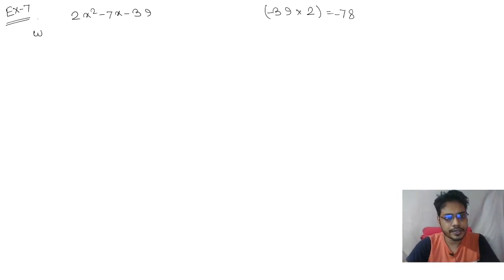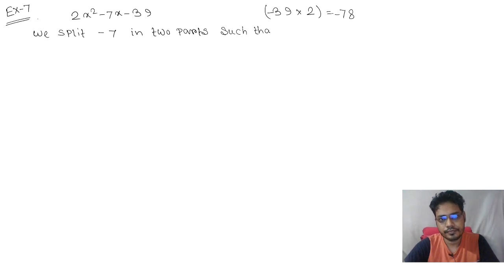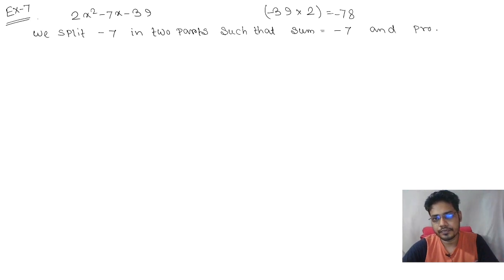Now we split this minus 7 in two parts such that the sum is minus 7 and the product is minus 78.